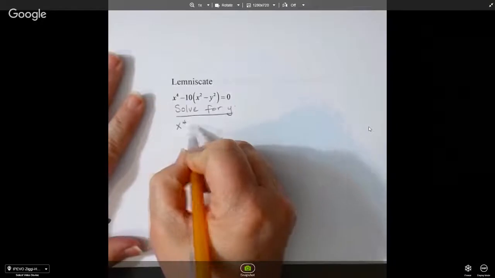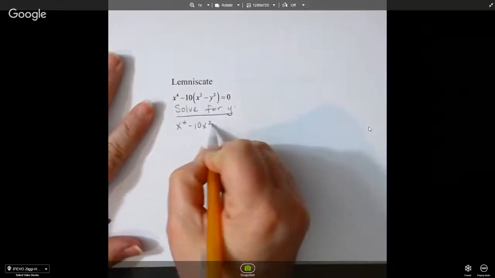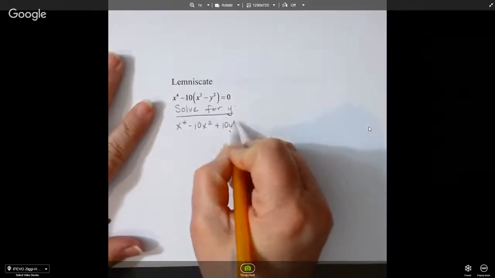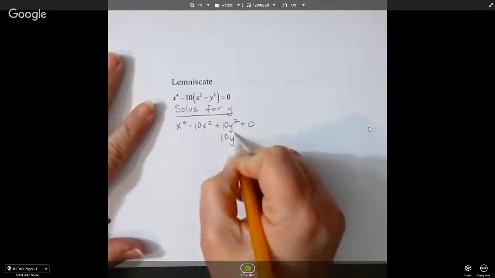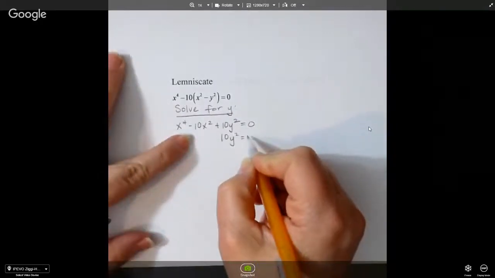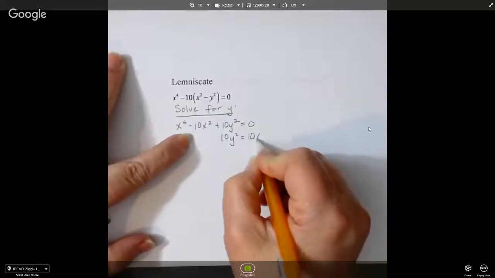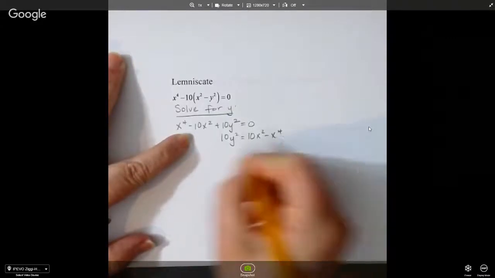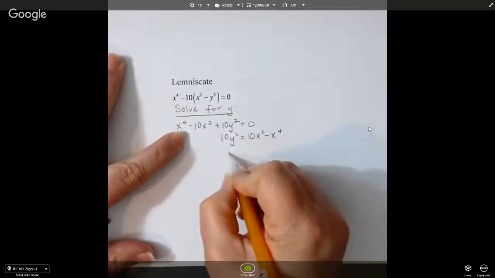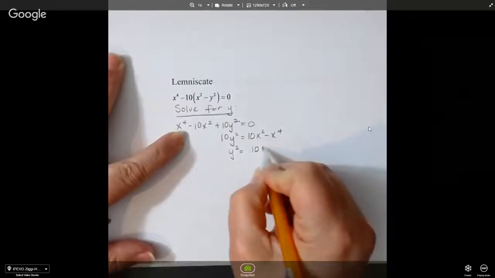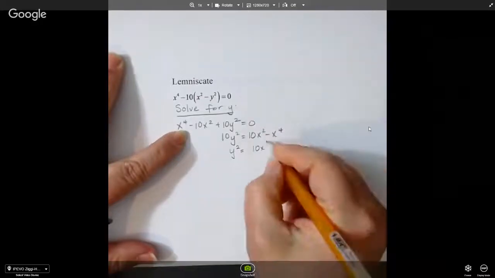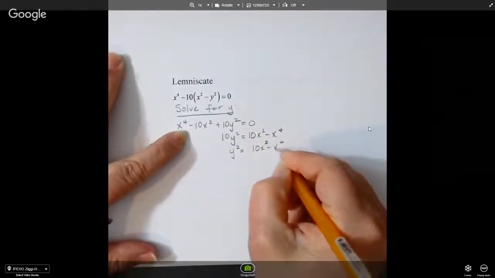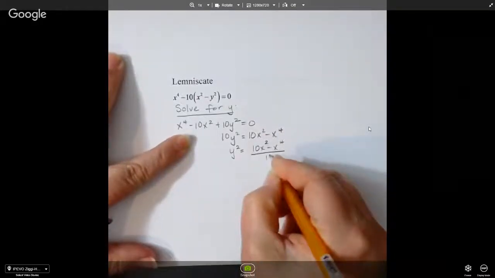So we'll say x to the fourth minus 10x squared plus 10y squared, distributing that pesky negative, equals 0. 10y squared equals 10x squared minus x to the fourth, if I move these two terms to the other side. And y squared equals 10x squared minus x to the fourth, all divided by 10.